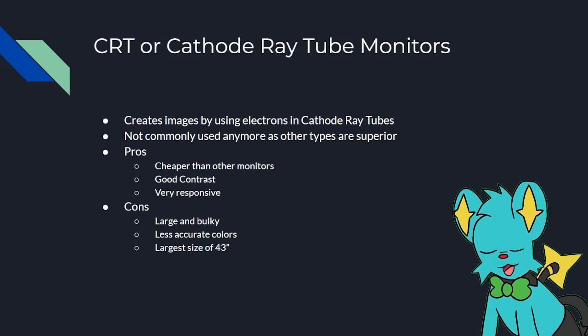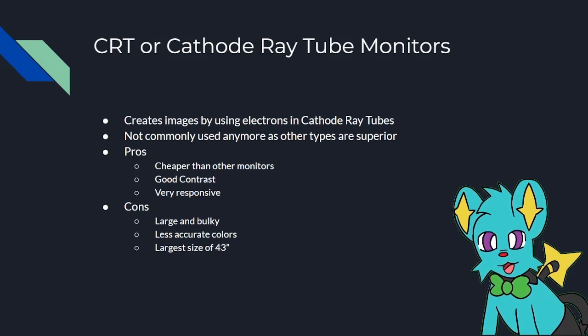The pros of these are that they're going to be cheaper, typically, have strong contrast and are responsive, but they are very big and bulky, less accurate in terms of color reproduction, and the largest size of these things is like 43 inches diagonally. So they are not very big, and they are not accurate, and they're very large and bulky to carry around. So you're not going to want one of these likely, but they are cheap.